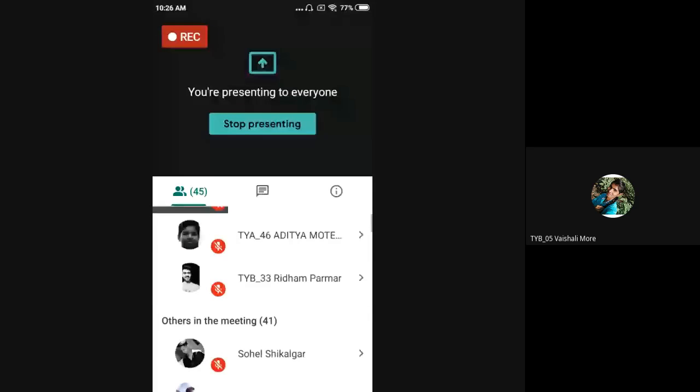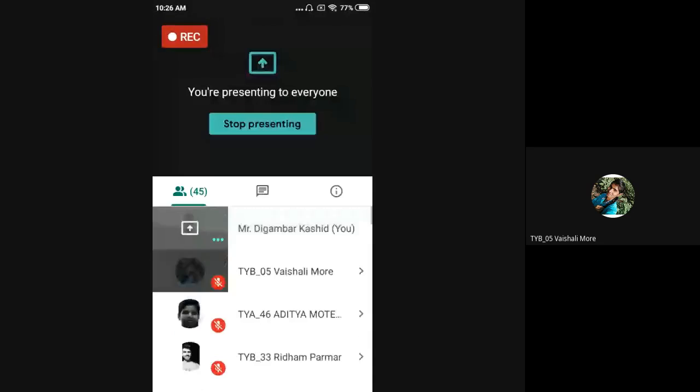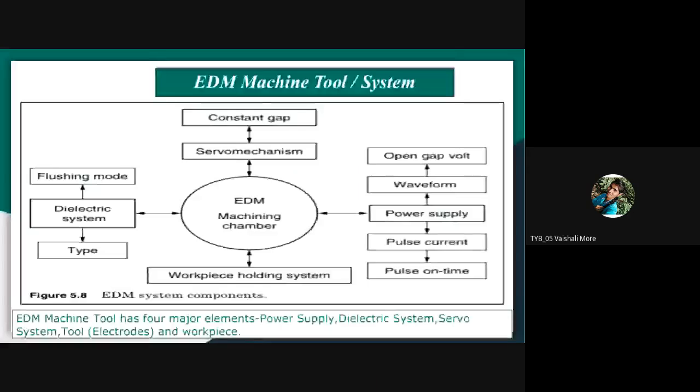Okay, now we'll go for the next one. Which are the main four components of our EDM process system? One is the power supply. Without power supply, our process is incomplete. Then our dielectric flushing, that is the dielectric system, where we are going to discuss which type of dielectric fluid we have to use and how we have to flush that dielectric fluid. Then third is the servo mechanism or servo system, to maintain the constant inter-electrode gap.